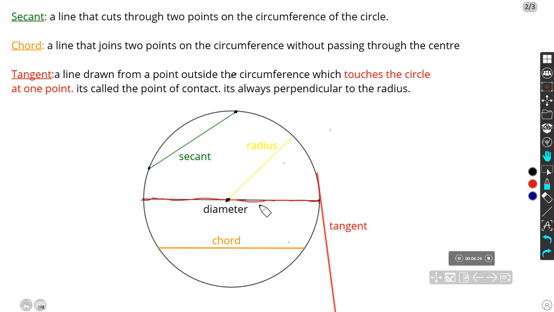And they also say that it is always perpendicular to the radius. So since this line is our radius, and something is perpendicular, which means there is what? There is a 90 degree angle. These are the important things that you really must know.